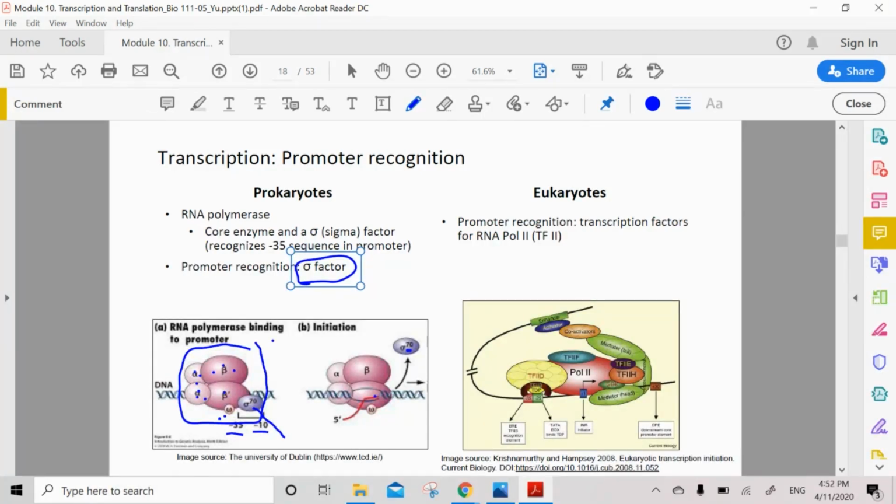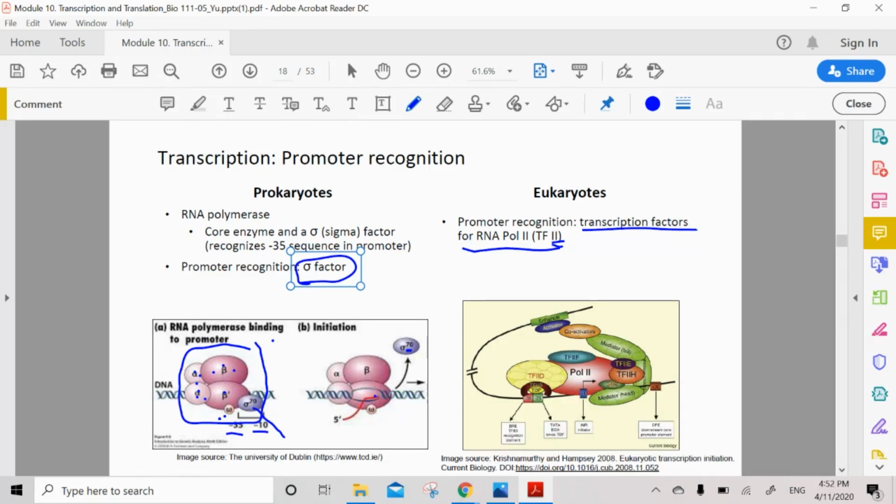In eukaryotes, it's not just one factor, it's an army of different proteins. We mentioned the transcription factors. In eukaryotes, RNA polymerase II synthesizes mRNA, so all the transcription factors associated with RNA polymerase II also have this number 2. We have found a bunch of protein factors that recognize the promoter area and recruit RNA polymerase.